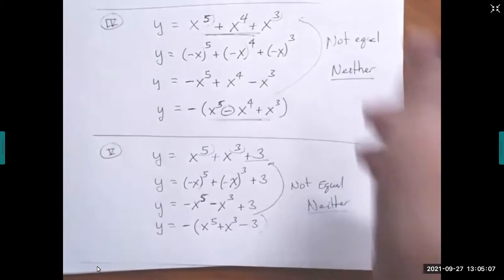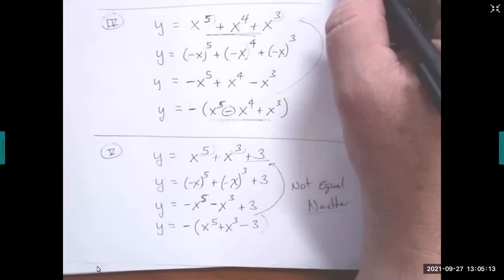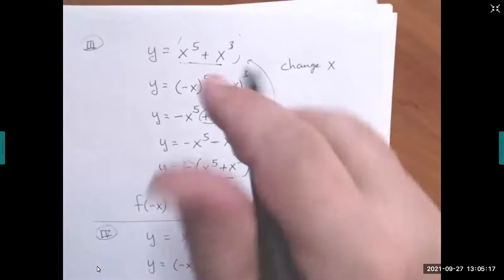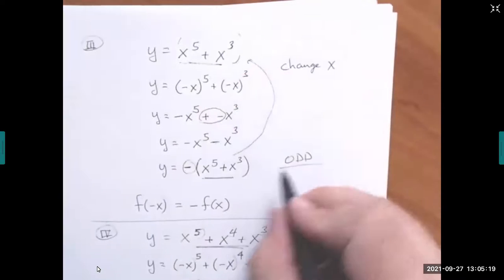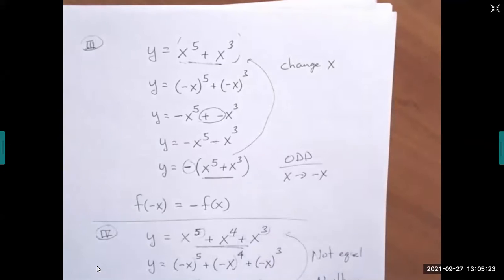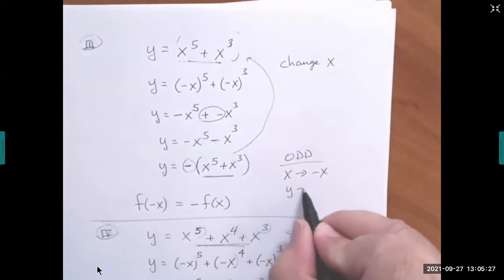And we know if a function is odd, what is it symmetric about? Remember, in an odd function, x changes from positive to negative, and the y's change from positive to negative.